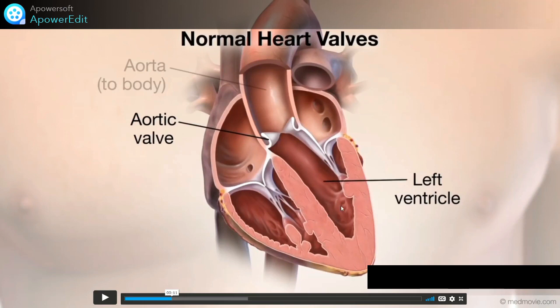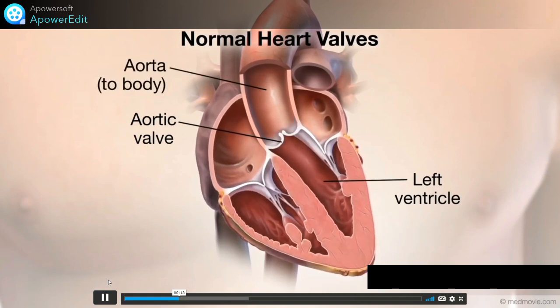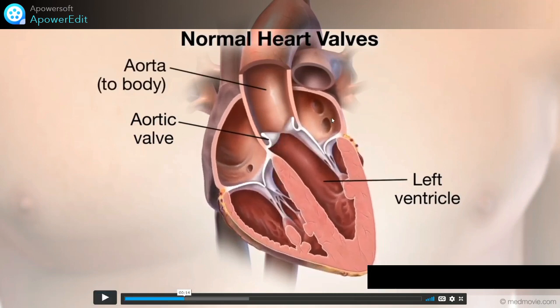In systolic contraction, the blood goes to the aortic artery. So the blood flow is one way.